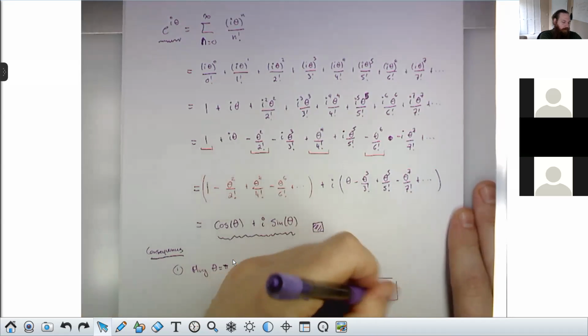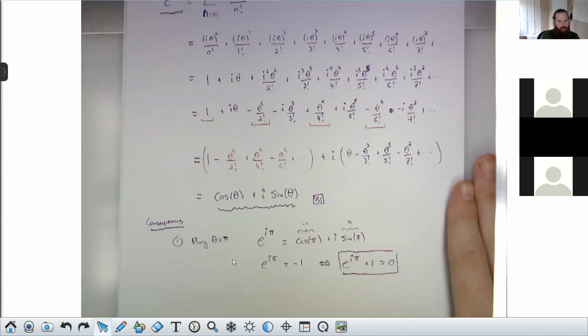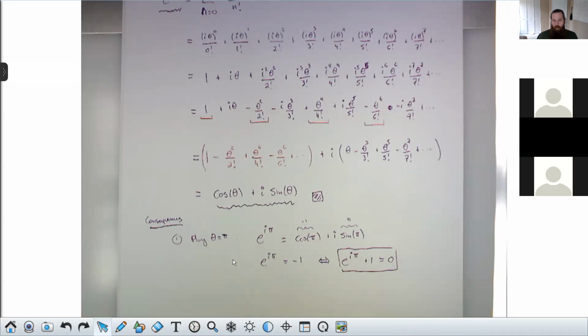And if you've been paying attention in your pre-calculus and Calc 1 and hopefully Calc 2 class, this should be really shocking. This breaks all the rules. The exponential function is not ever supposed to be negative, but here it is outputting a negative number. Mathematicians and people who like to talk about mathematics often refer to this as something very beautiful because it involves all the special constants, e, i, pi, 1, and 0.